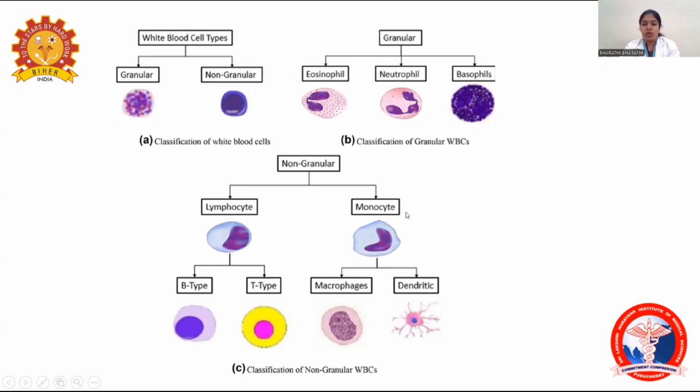And again, you have monocytes, which are divided into macrophages and dendritic cells. So the WBCs are divided into granulocytes, the cells which have granules in them, and agranulocytes, the cells which do not have granules in the cytoplasm, like lymphocytes and monocytes. Those which have granules, like eosinophils, neutrophils and basophils, are called granulocytes.